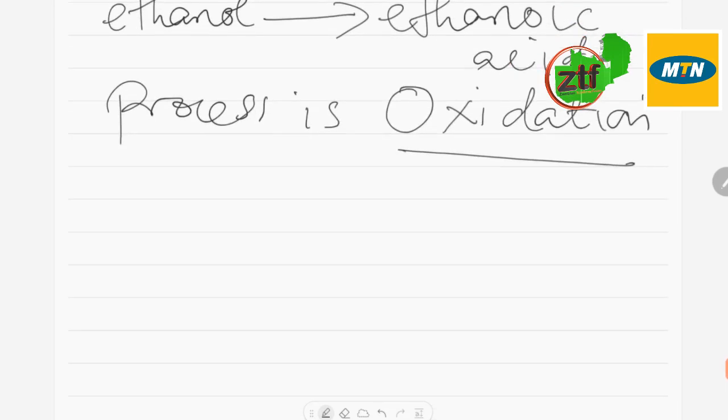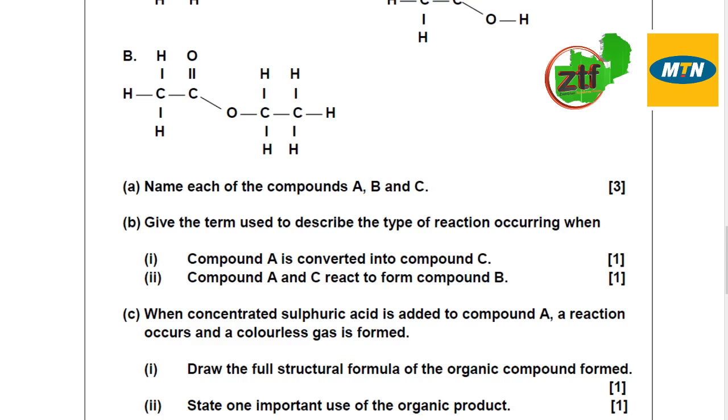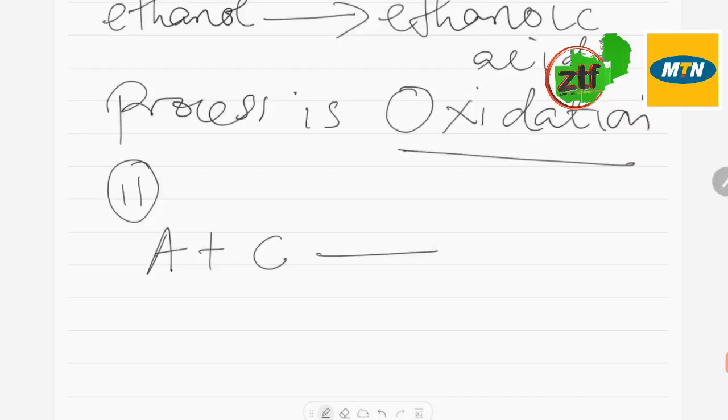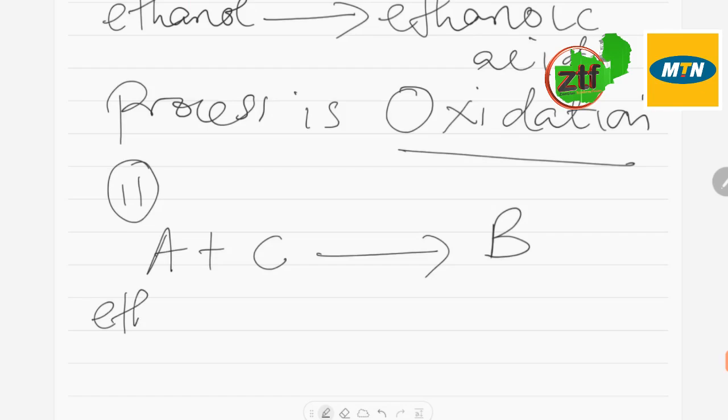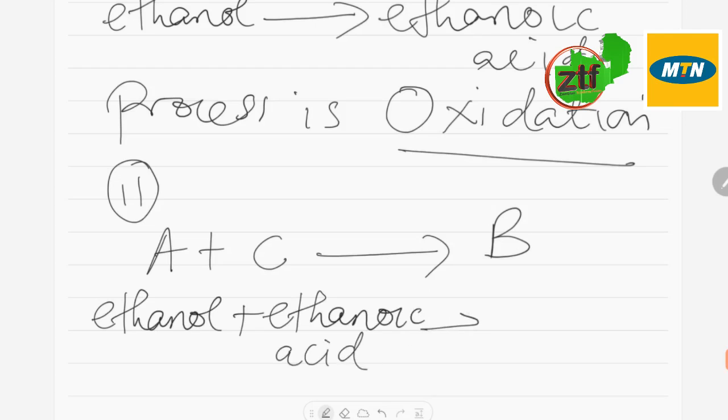Let's look at 2. We're converting, when A reacts with C to form compound B. Remember, our A is ethanol reacting with ethanoic acid, forming B, which is ethyl ethanoate.